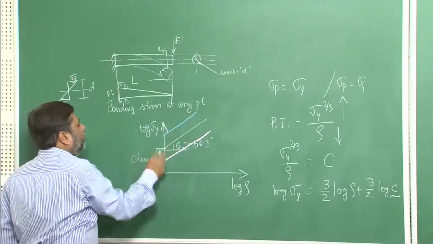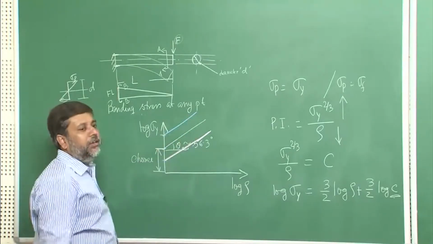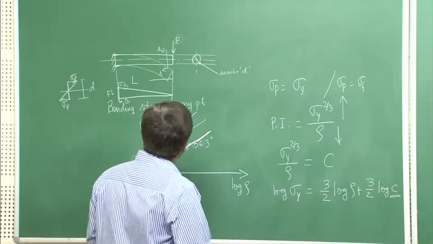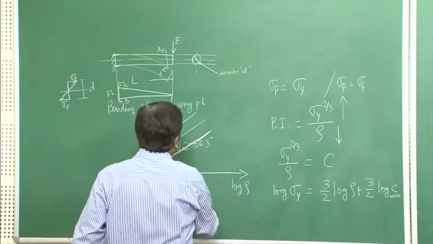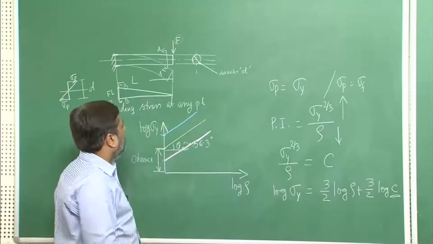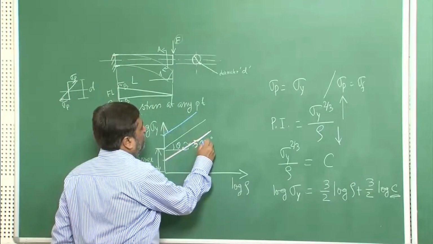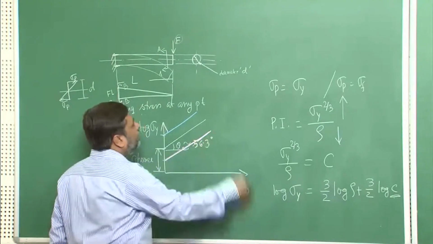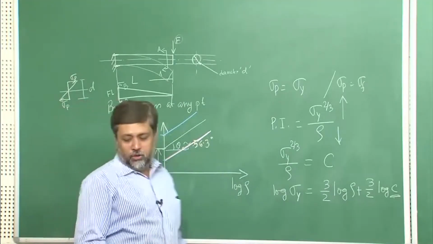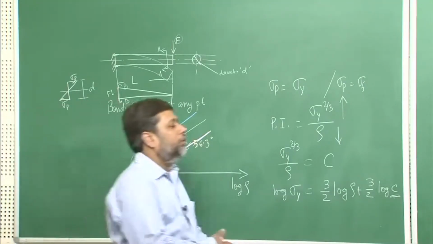No matter whatever you do, that change will be here, but the slope of the line is going to be parallel, and that slope is determined by this relationship, which says that the slope has to be 56.3 degree.